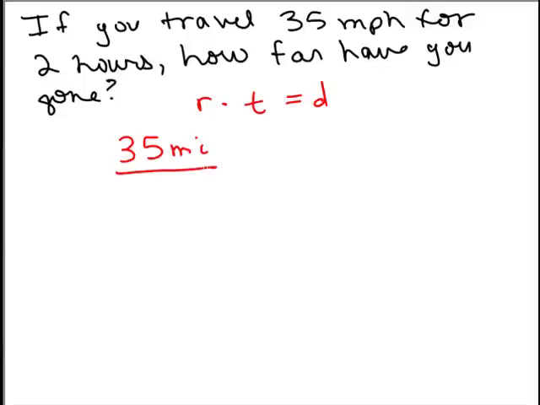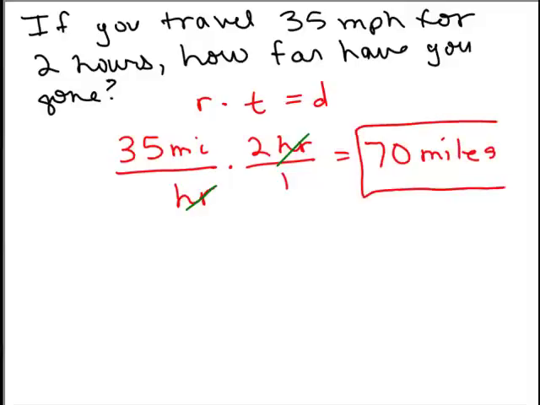Miles per hour times my time, which is 2 hours, and that's how I get my distance. So I'm going to get 35 times 2. 35 times 2 is 70 miles. And there we've got it.